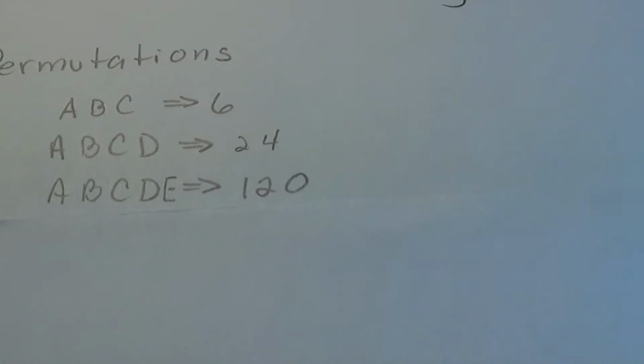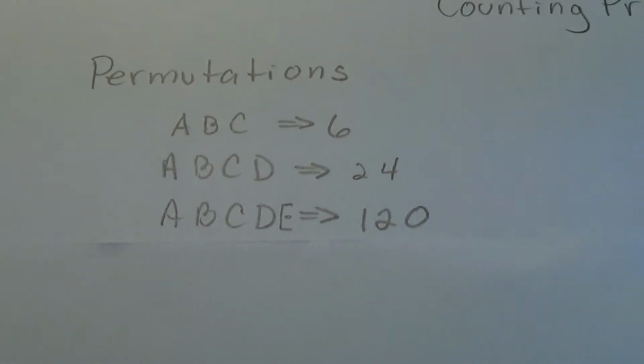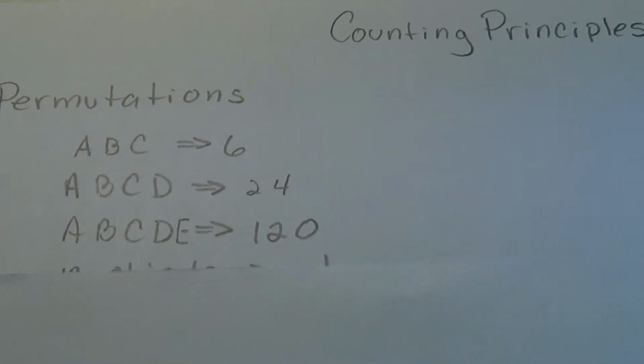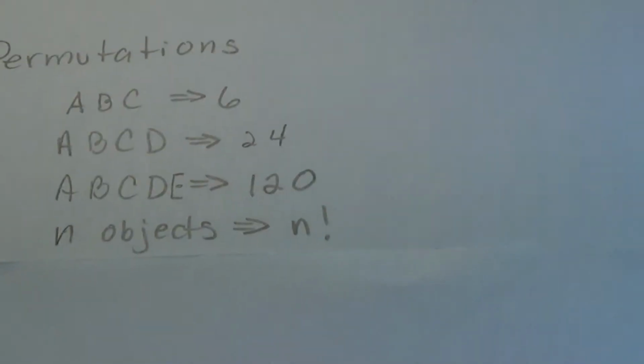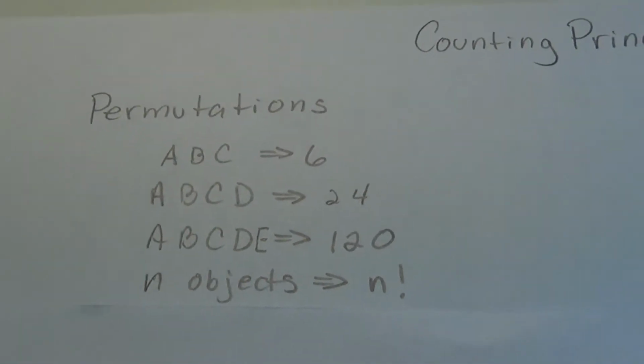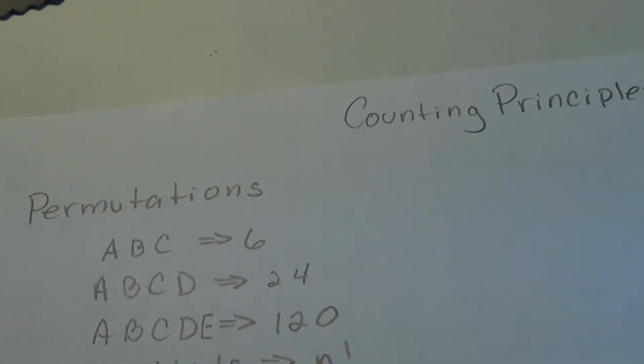When I take a 5th object, A, B, C, D, and E, there are 120. So noticing our old friends coming out to play, if there are n objects, n factorial is the formula for the number of permutations.